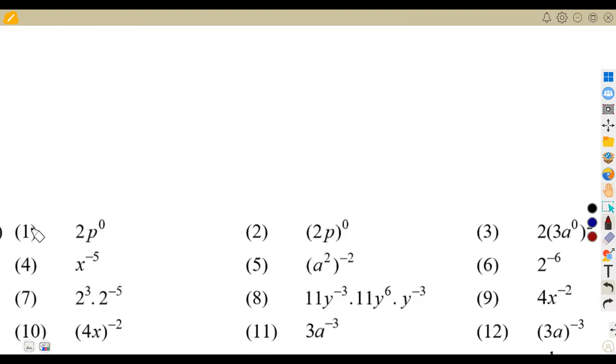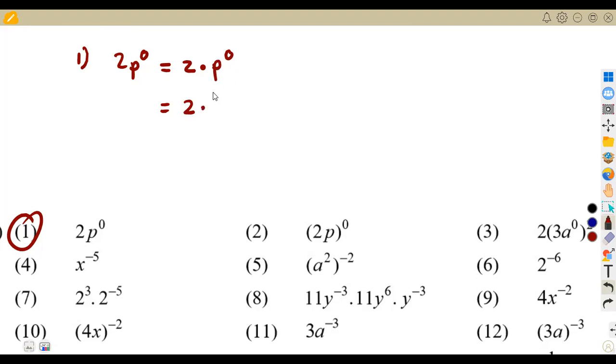All right, on question number 1, we are given 2p to the exponent of 0. So this simply means we can see that what is being raised to the exponent of 0 is p. So we can separate that as a multiplication to say this is the same as 2 times p to the exponent of 0.